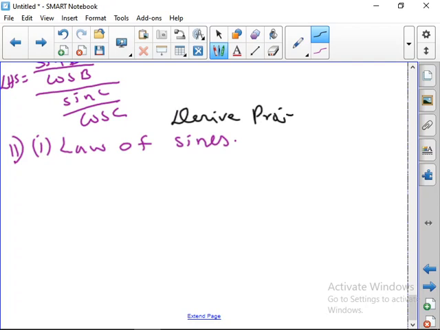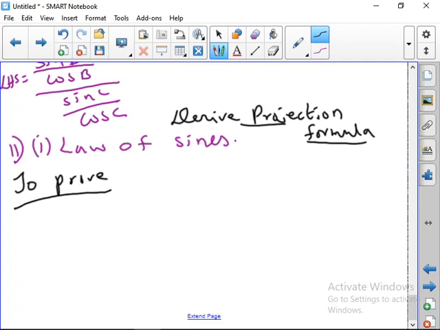What is projection formula? அப்போ to prove வந்து என்னது, நம்ம என்ன prove பண்ணணும்? a is equal to b cos c plus c cos b. Okay, ஞாபகம் இருக்கா projection formula?